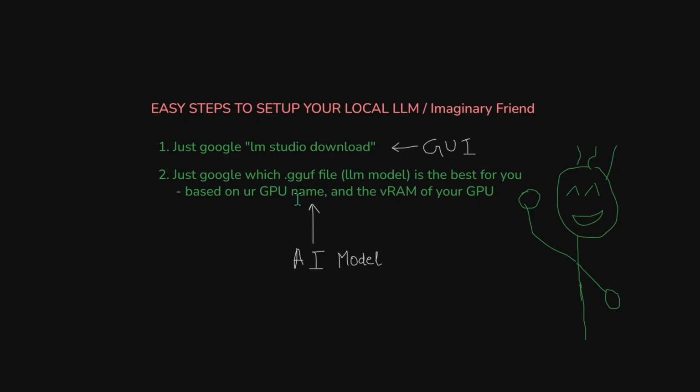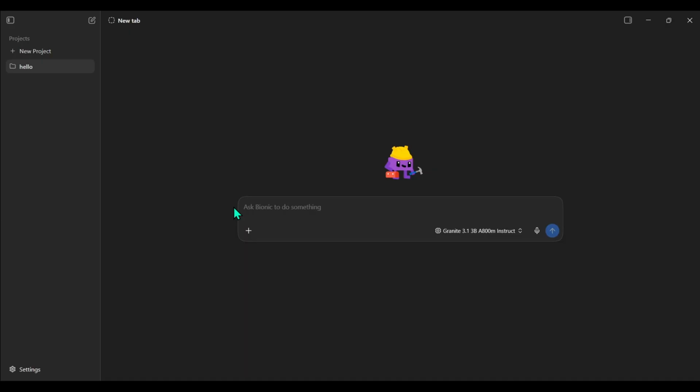Step 2 is a little bit technical, but don't worry, I'm here with you, so no worries. You need two things: your GPU name and the VRAM, the amount of VRAM your GPU has. That's it, GPU and the VRAM.